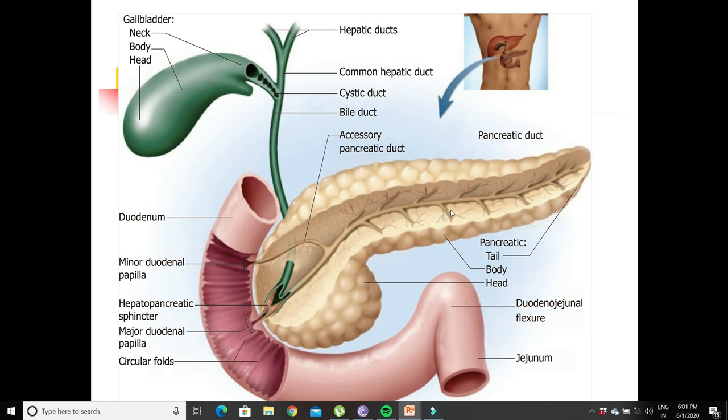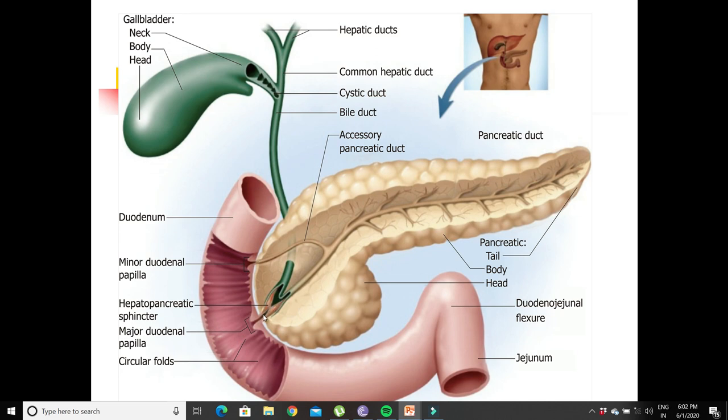This is the main pancreatic duct. And here is also one accessory pancreatic duct. And they open where? Into the duodenum. Can you see the sphincter? That is the hepatopancreatic sphincter.